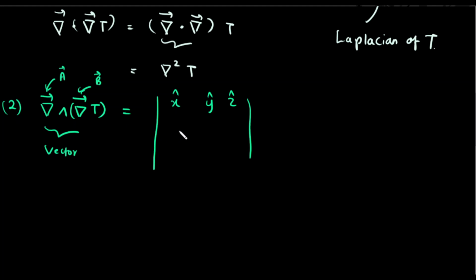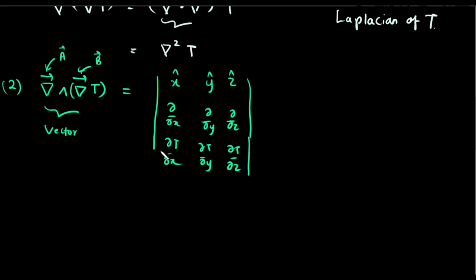So you have ∂/∂x, ∂/∂y, ∂/∂z, because these are the vector components of the del operator, and the components of grad t are ∂t/∂x, ∂t/∂y, and ∂t/∂z. I'm not going to do this for you because it is going to be an exercise for you. When you simplify this determinant, it is going to be the zero vector.